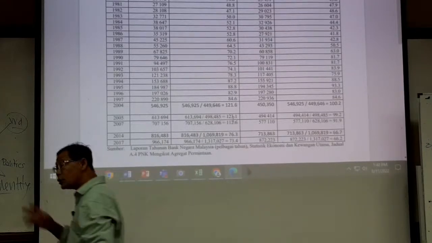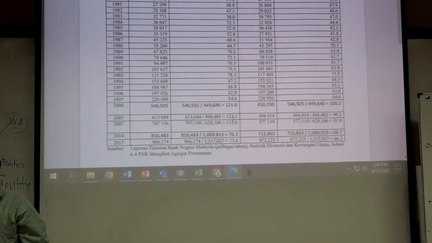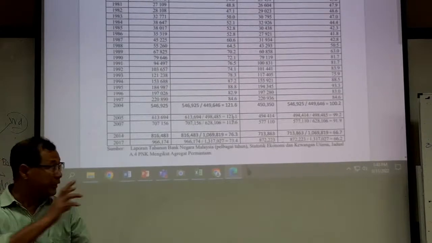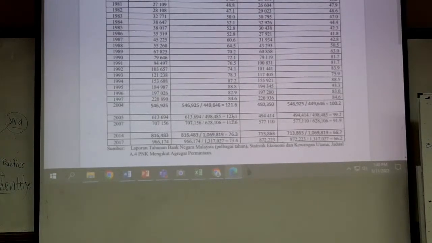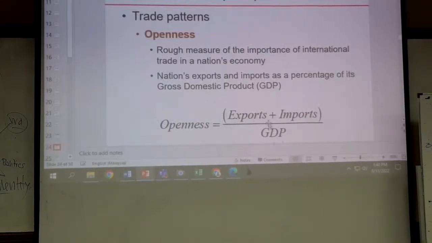So for a rich country, listen to me, not in the textbook. This ratio for the United States is only 10%. Pay attention to me, please. For a large country, the US, this openness is only 10%. But make no mistake. Oh, your eyes here.